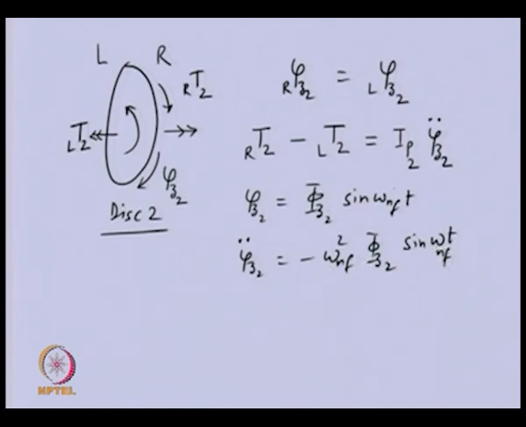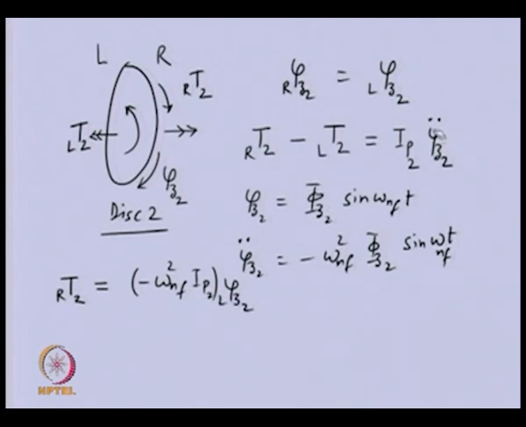Now, we can substitute this here. So, we can write this equation as, the torque at the right of disk 2 is equal to, rearranging the terms, omega square nf I p 2 phi left of disk 2.